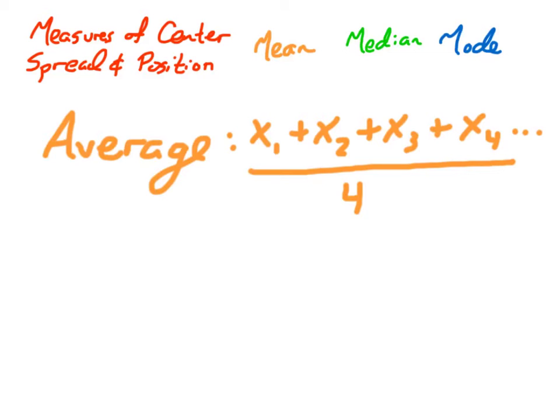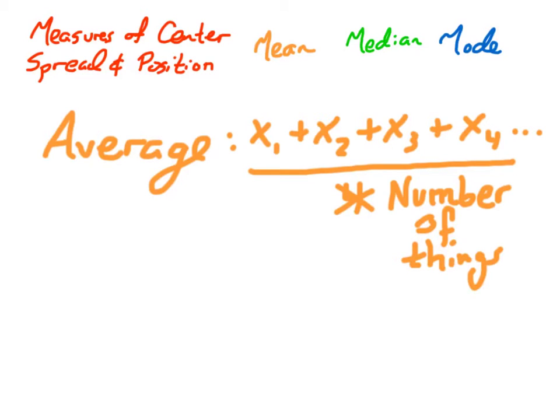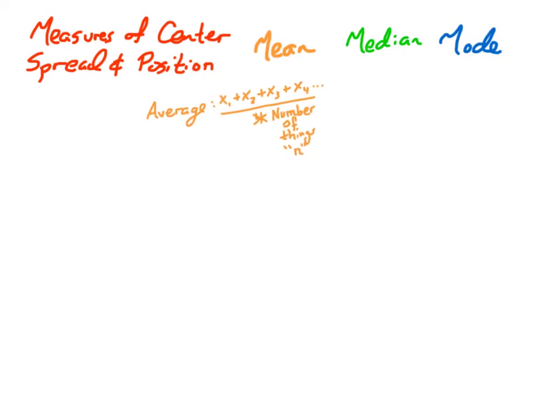Instead of writing it as a 4, I could spell it out, the number of things, but that's often referred to as just n, the number of things. So that's kind of what we've got going on here.